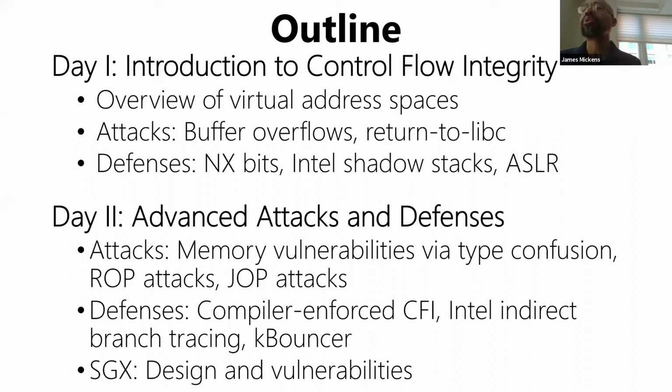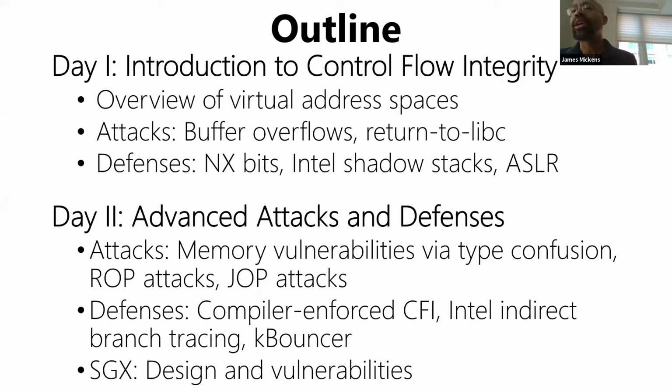We'll then look at some more advanced defenses for these types of attacks. We'll look at how compilers can inject new instrumentation into code to protect against these control flow hijacks. So we'll look at compiler enforced CFI.